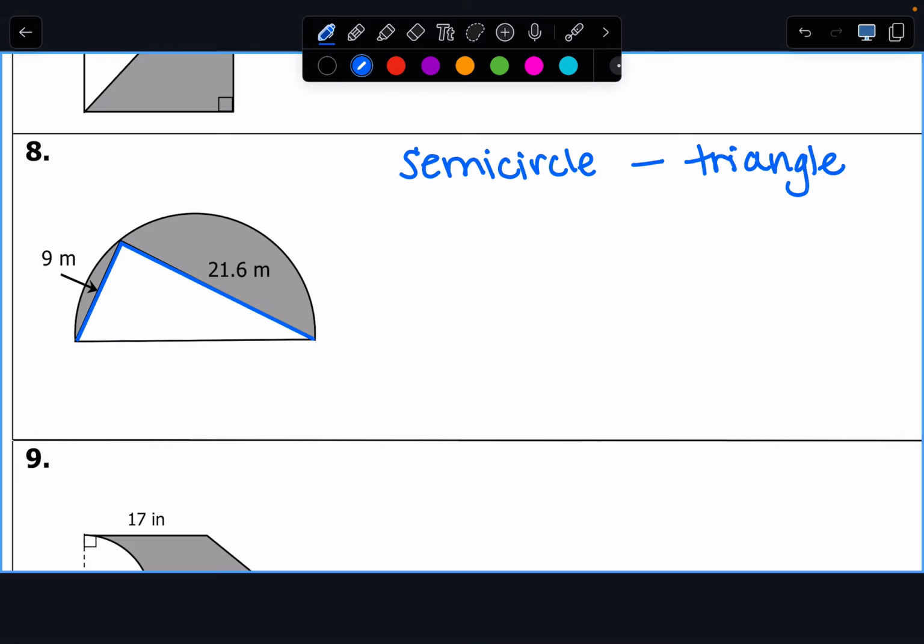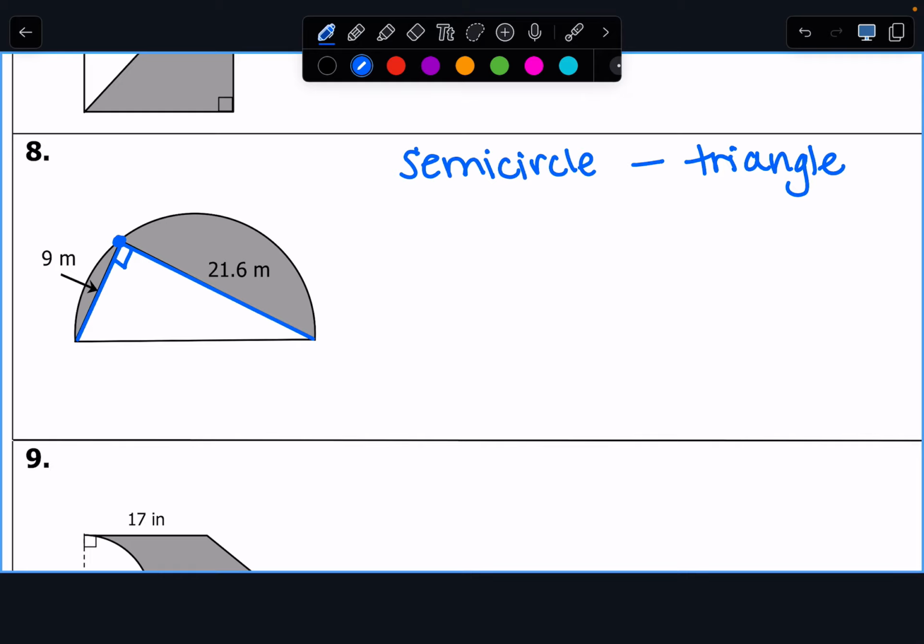I see an angle with the vertex on the circle, and it's eating the diameter, which means this is 90. Now, why is that important? Do we need to know that? Because now we can do the Pythagorean.